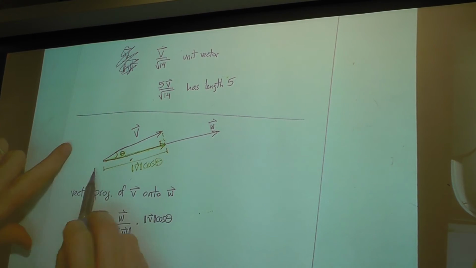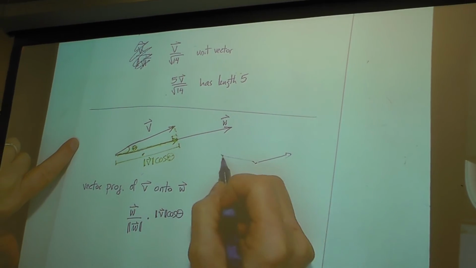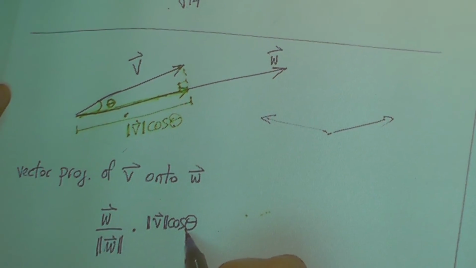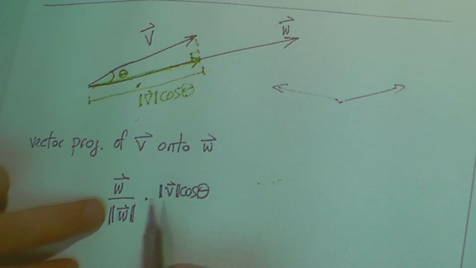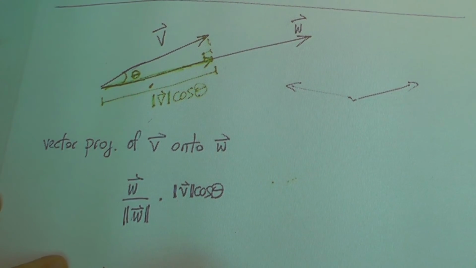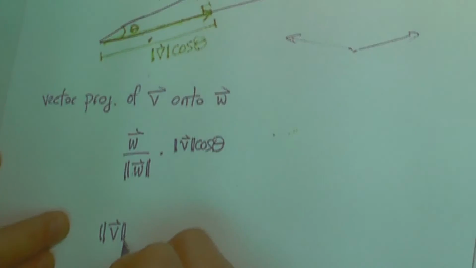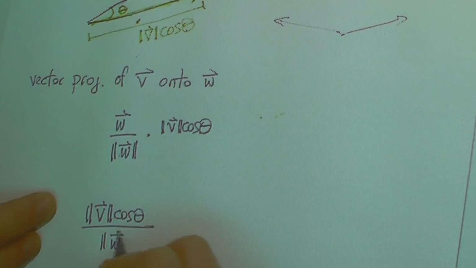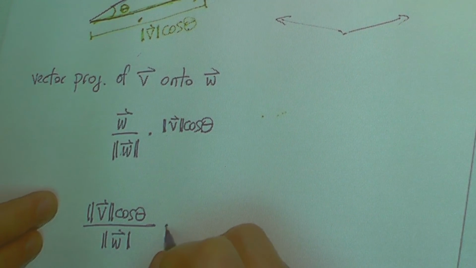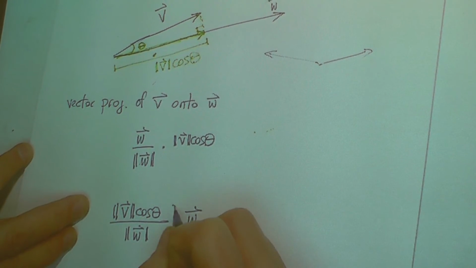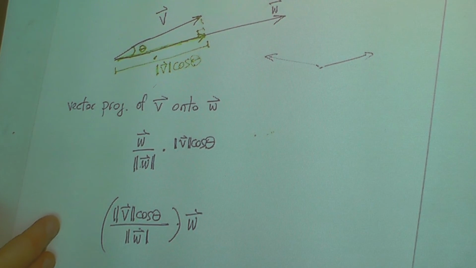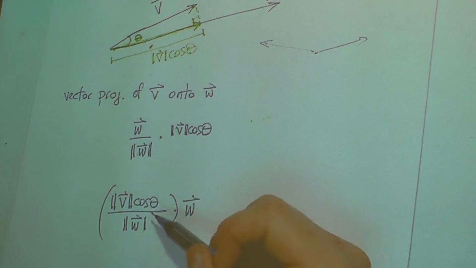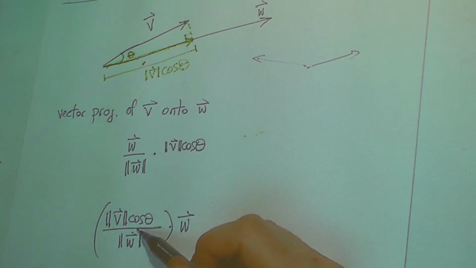Now, if my picture's like this, cosine of theta is going to be negative. So let me just write this a little bit nicer. I would have this, and if I knew what theta was, this works just fine. I wouldn't need anything else. But if I don't know what theta is, I've got troubles.